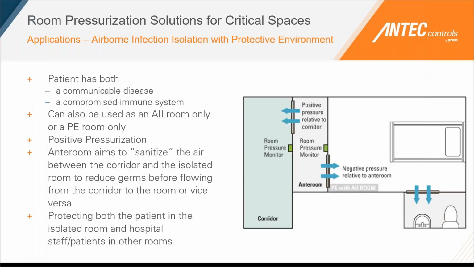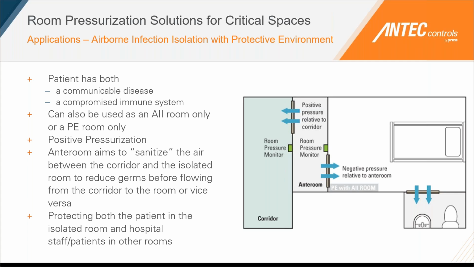The last application we have here are airborne infection isolation rooms with that protective environment. What this means is we actually have a patient now that has both a communicable disease but is also in a compromised state. Again, an example of this could be a patient who's been exposed to nuclear radiation. That radiation can actually affect other people who are exposed to it, but at the same time, their body is in a compromised state due to the effect of the radiation.